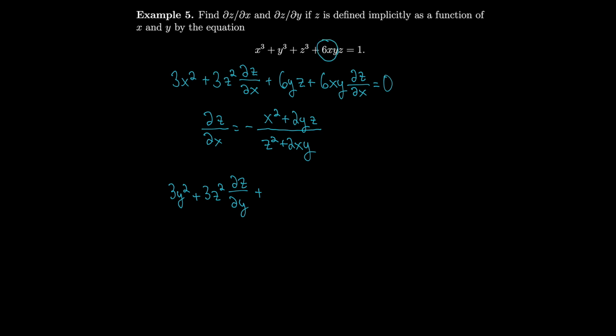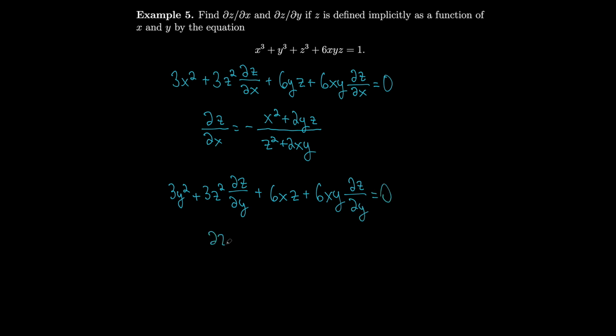It's still this product rule, but we have to think about this a little bit differently. When we take the derivative of 6xy, and y is the variable, then we just have our constant left, so that's 6x. And then the other part of our product is z. So we apply that without the derivative. Then we've got 6xy without the derivative, and then z with the derivative. And that's going to be 0 also.